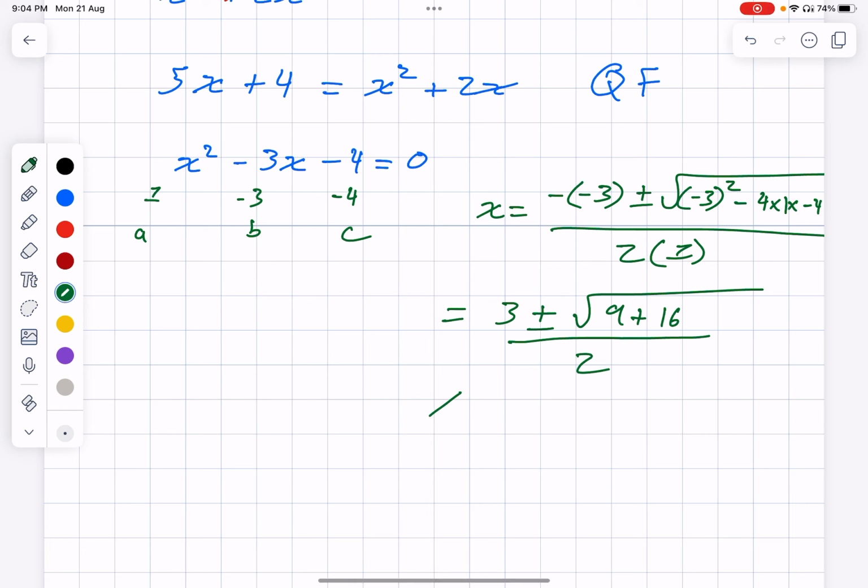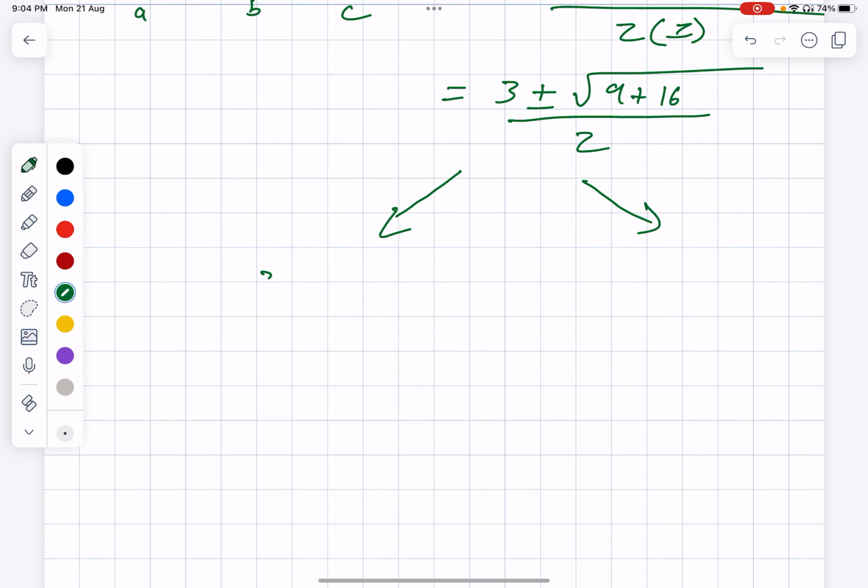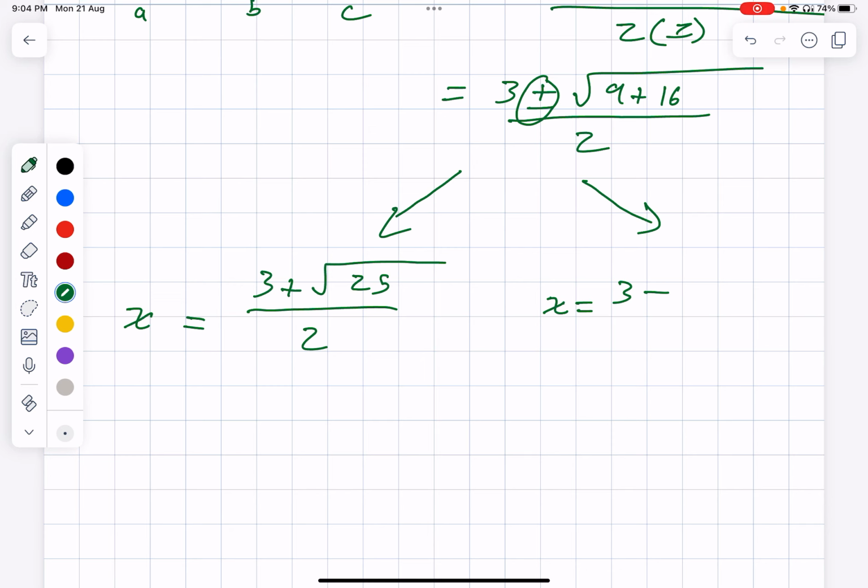Now you can split it into two sides and solve it this way. 3 plus the square root of 25 over 2, that's x equal. And here you can also write 3 minus the square root of 25 over 2.